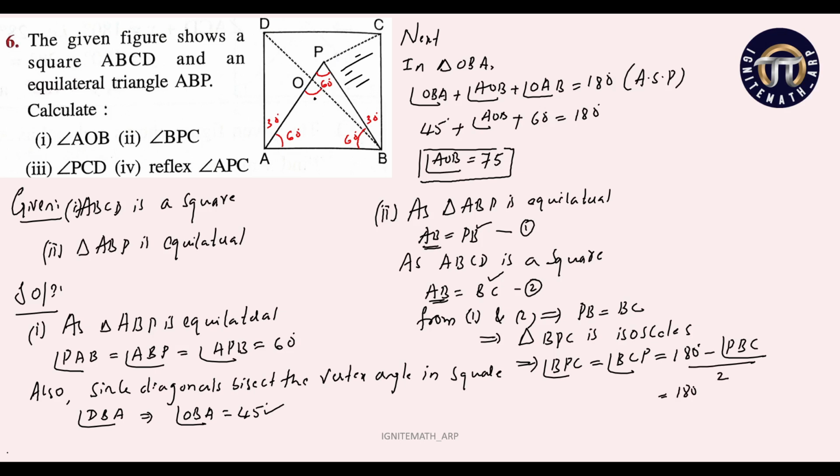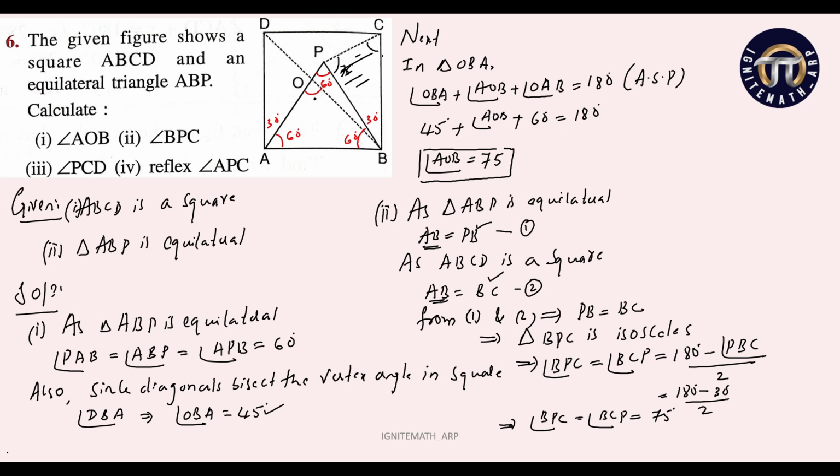So that is 180 degrees minus 30 degrees, divided by 2. So what does it mean? That means BPC is equal to BCP is equal to 75. Clear, children? So you are going to get these angles also as 75.